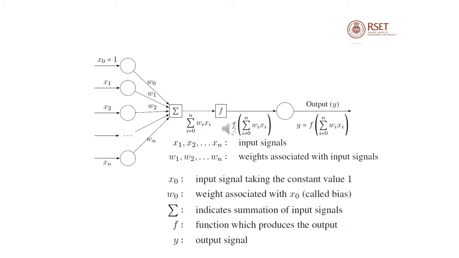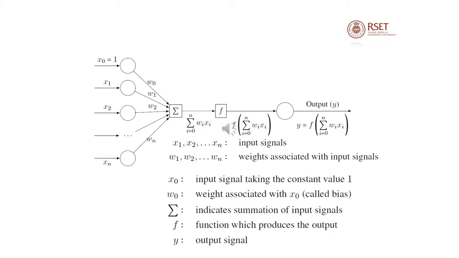x1, x2, xn are the input signals, w1, w2, wn are the weights associated with the input signals, x0 is the input signal taking the constant value 1, that is, we can treat it as a bias, and w0 is the weight associated with x0, called the bias value.